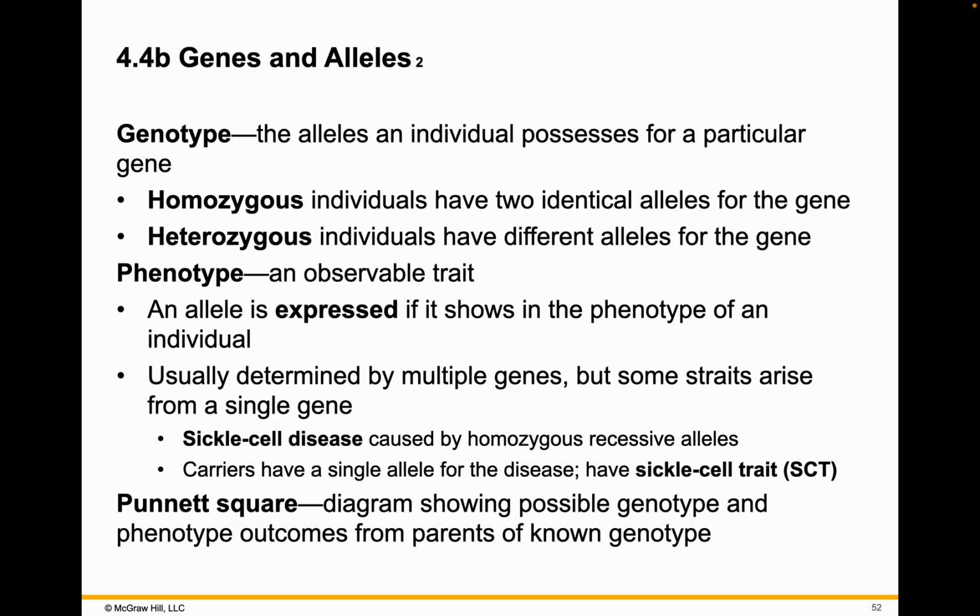In fact, if you've heard of Gregor Mendel, you probably know about at least 7 single gene traits in pea plants. And we can use a Punnett square to show the possible genotypes and then predict the possible phenotype outcomes from parents of a known genotype.